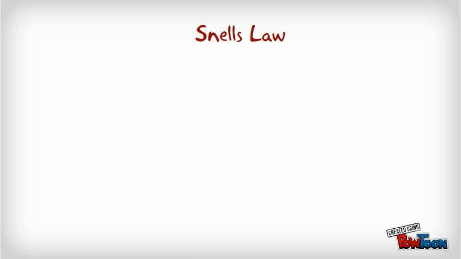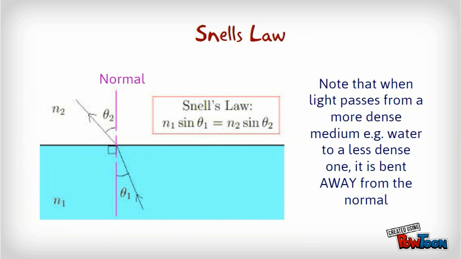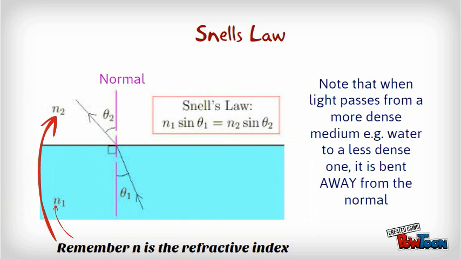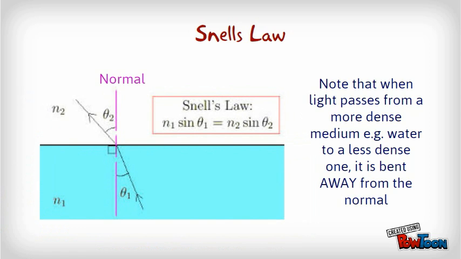If we look at Snell's law, we can see that we have a ray of light coming up through a more dense medium, for example water. The more dense medium is denoted by the refractive index n1, and it's passing into a less dense medium whose refractive index is n2, and you can see the angles of the light away from the normal.